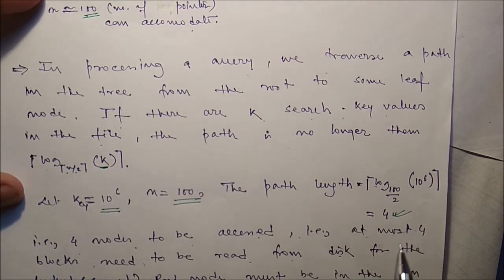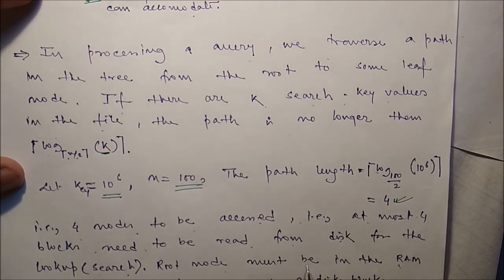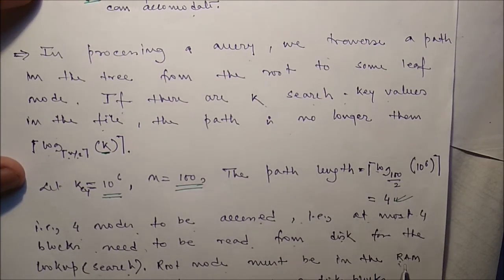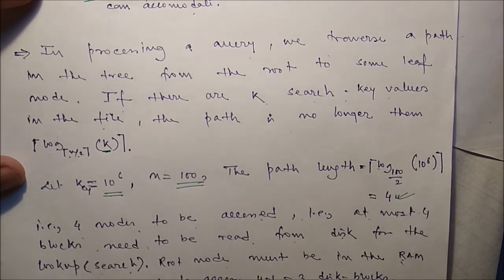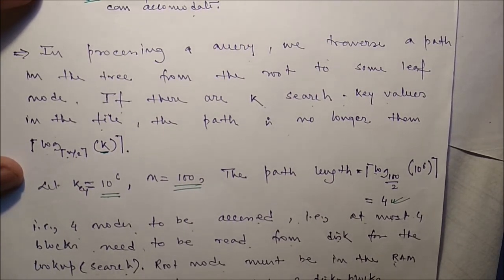For that we need only 4 disk block accesses, and the root node must be in the RAM, in main memory. Hence we need to access 4 minus 1, that is 3 disk blocks.